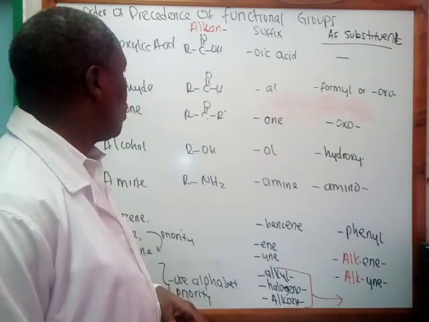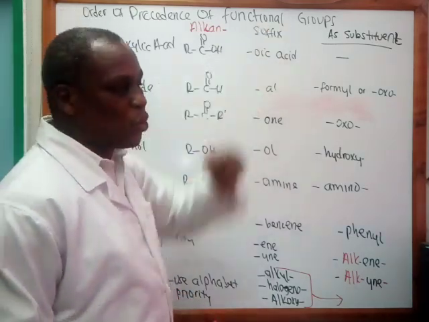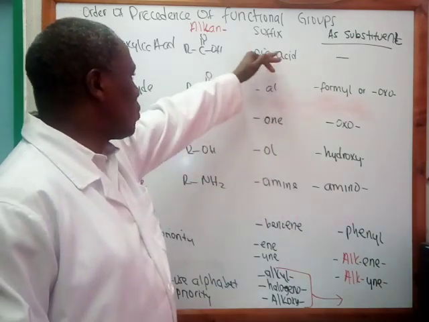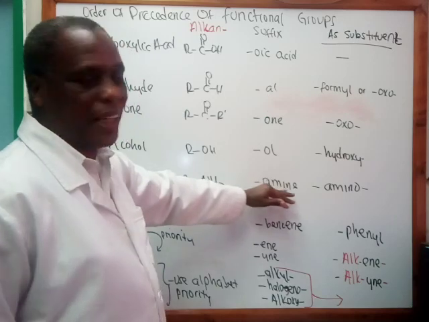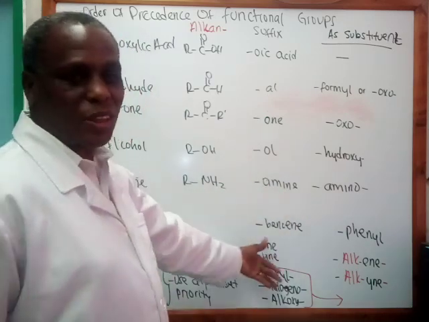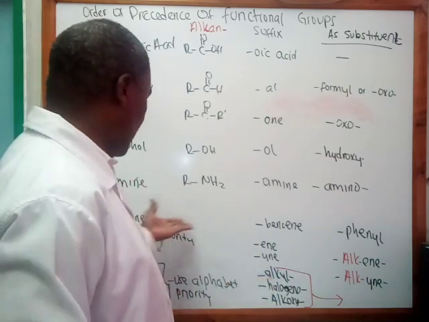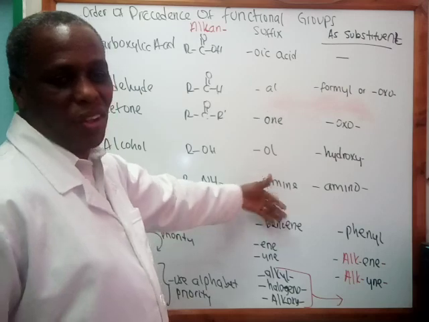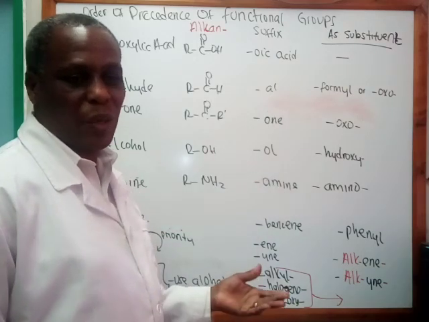So when it is the main functional group and there is no alcohol, no ketone, no aldehyde, no carboxylic acid, then the structure will end with the name amine. Even if there is something like a double bond, or if you've got something like a benzene and then there is an amine, you're going to see what name you get.